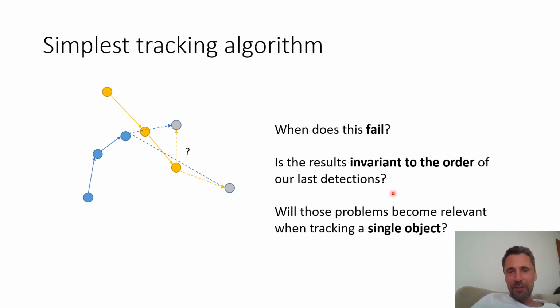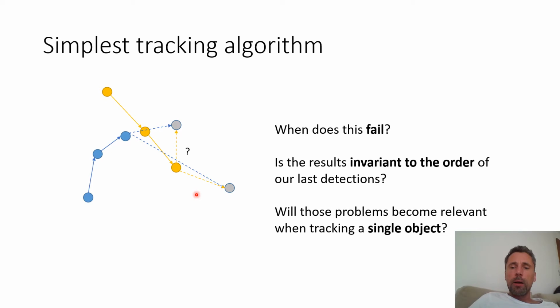To give you a hint, is the result set invariant to the order of our last detections? So if we would iterate over the set capital D, what happens when we change the order?